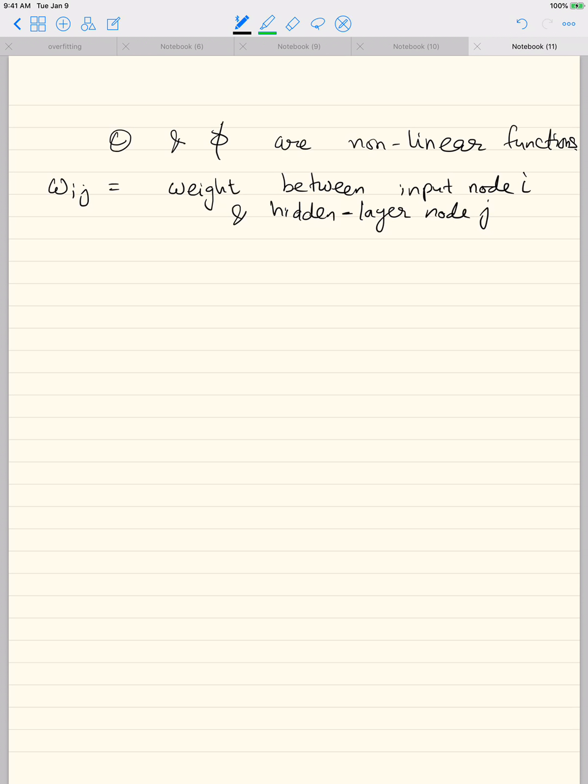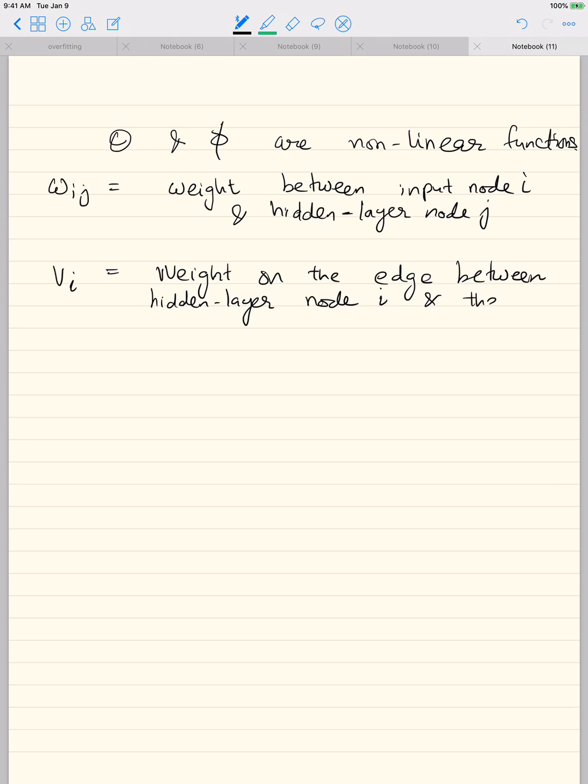Okay. Vi is the weight on the edge between hidden layer node i and the output node.